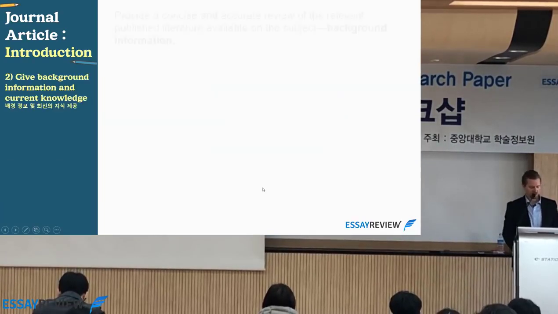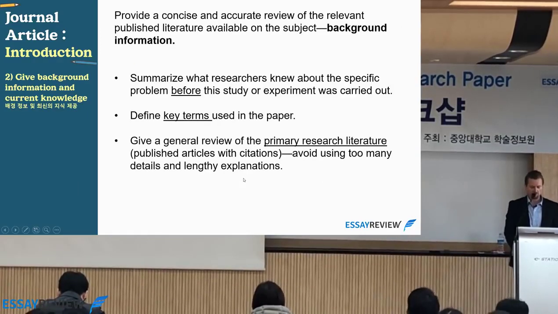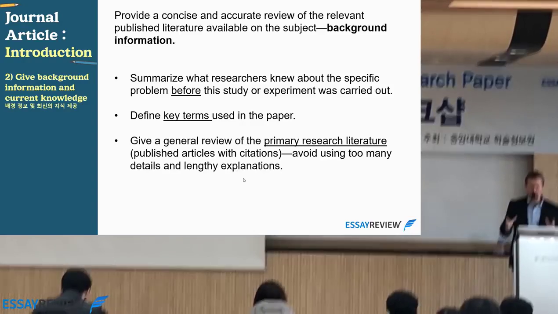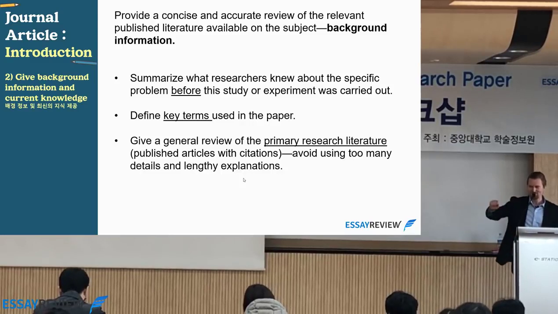Next, you're going to discuss the literature. So summarize what researchers knew, define key terms. Okay, this is very important, defining the terms. When I read a lot of researchers' essays, they don't define the terms. They just write, STW. And I'm like, I don't know what STW means. They don't say what it means.